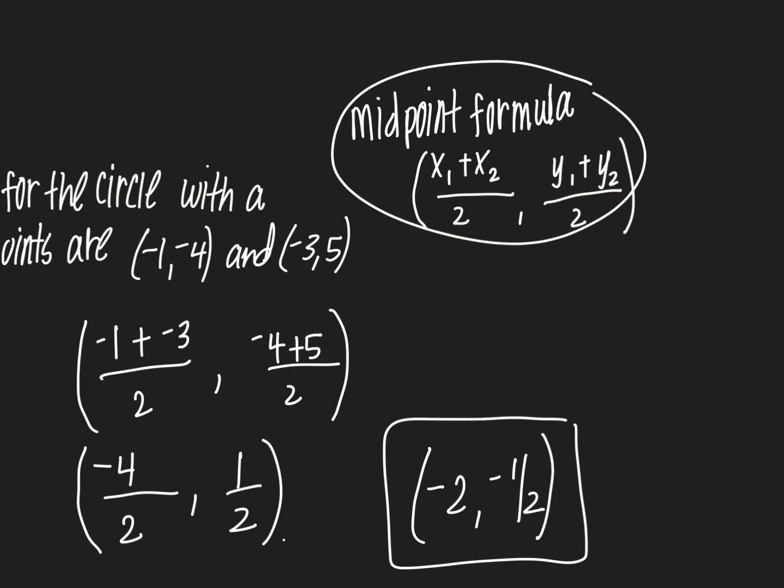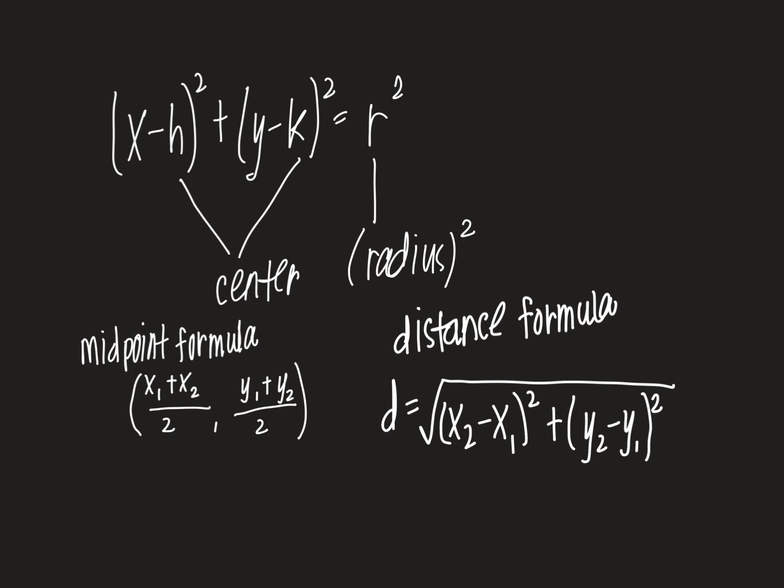The second coordinate is actually positive 1/2. So now that I have the center, the midpoint between the two endpoints, it can go right here. I'm not going to put it right there just yet. I want to worry about this radius squared first.